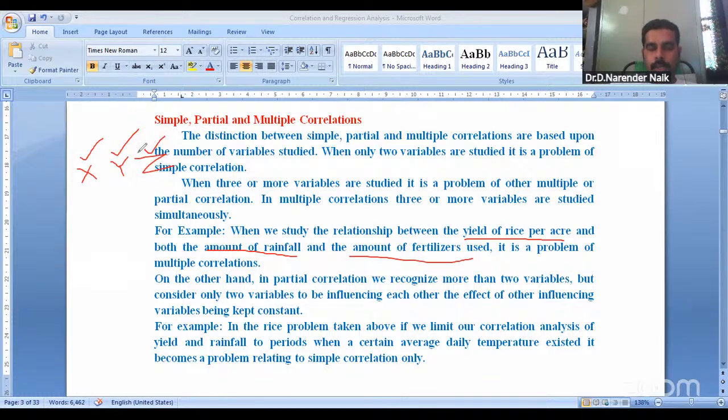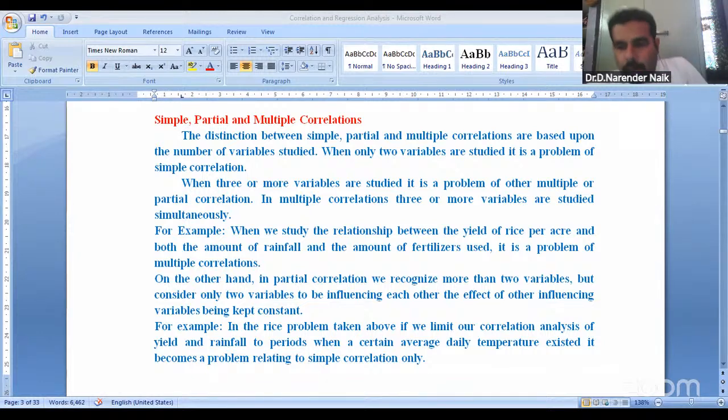This type of problem is called multiple correlation.